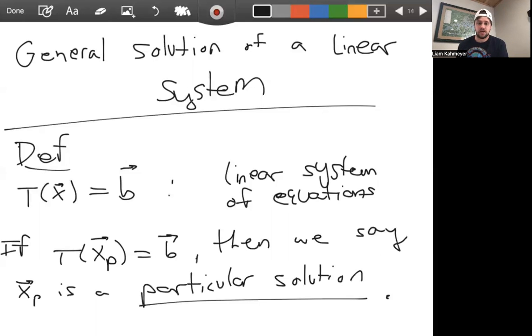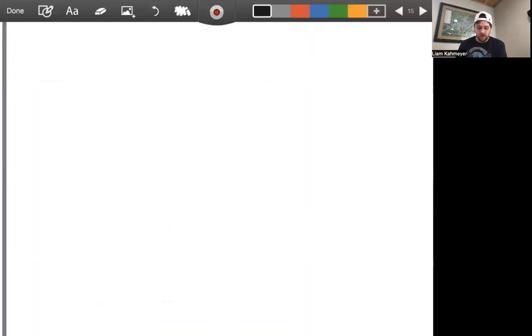So if you find just any solution to this system, X sub P, then we say that this is a particular solution. Well, what we're going to do is we're going to come up with general solutions.